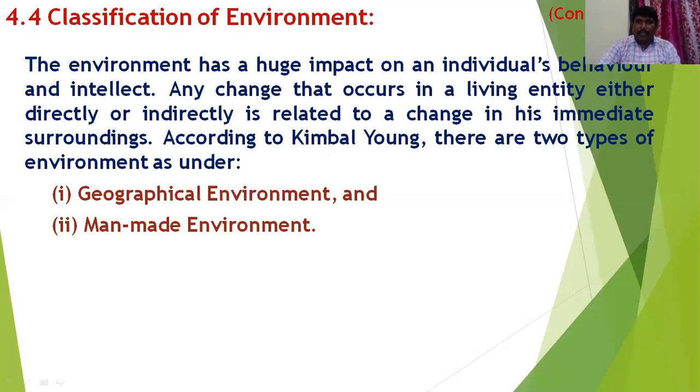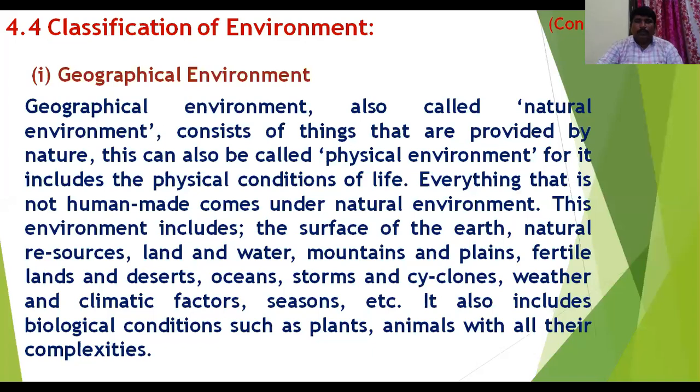Geographical environment, and 2. Man-made environment or cultural environment. Geographical environment, also called natural environment, consists of the things that are provided by nature. This can also be called physical environment, for it includes the physical conditions of life. Everything that is not human-made comes under the natural environment.